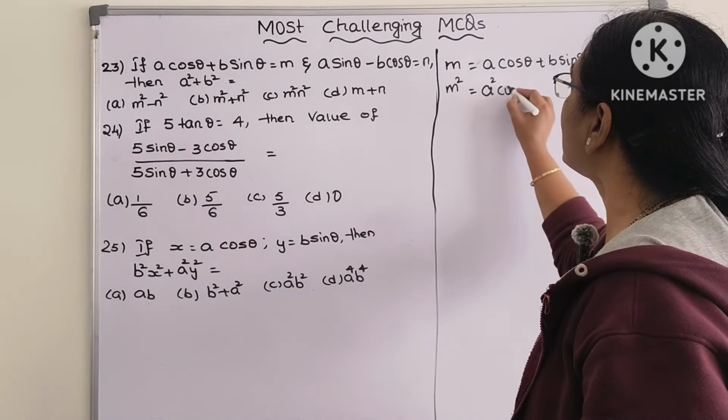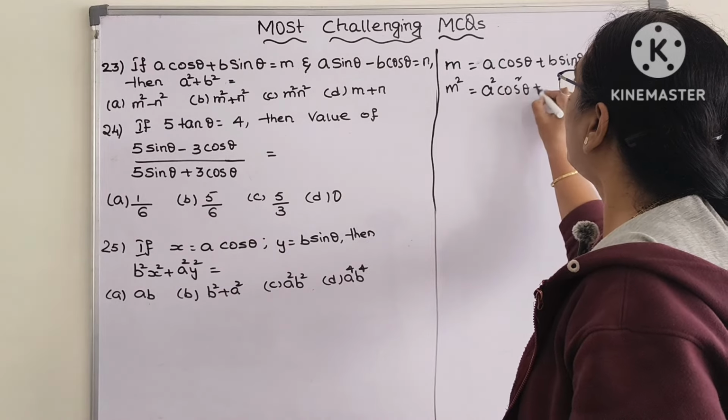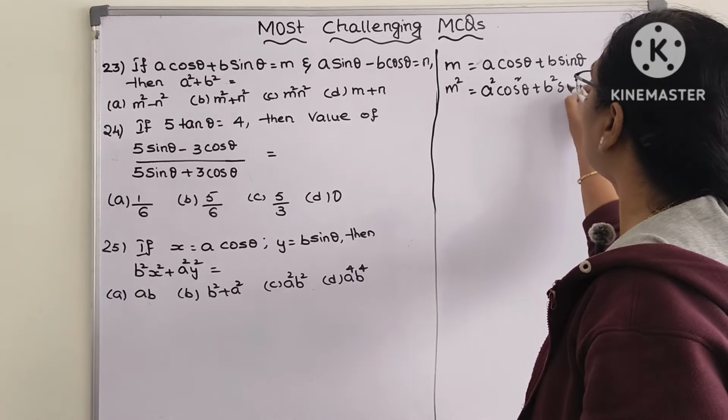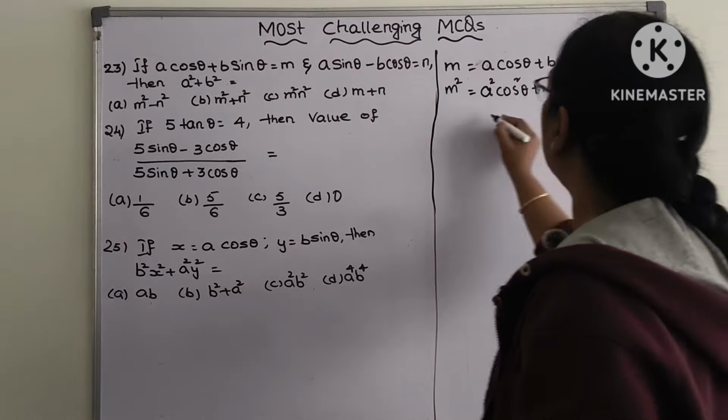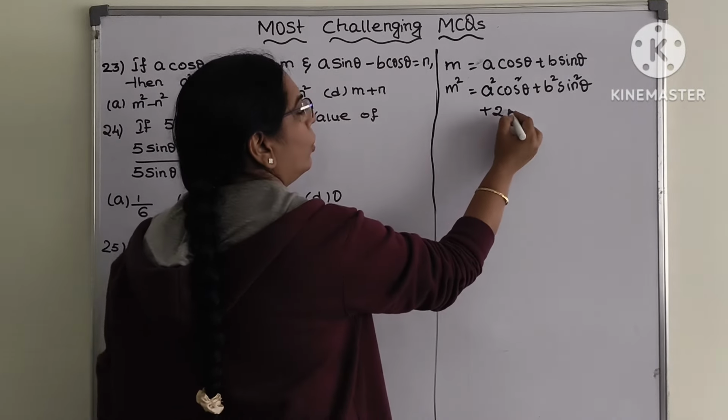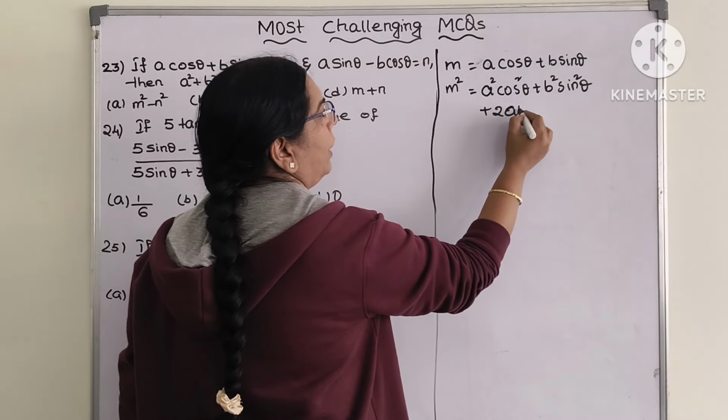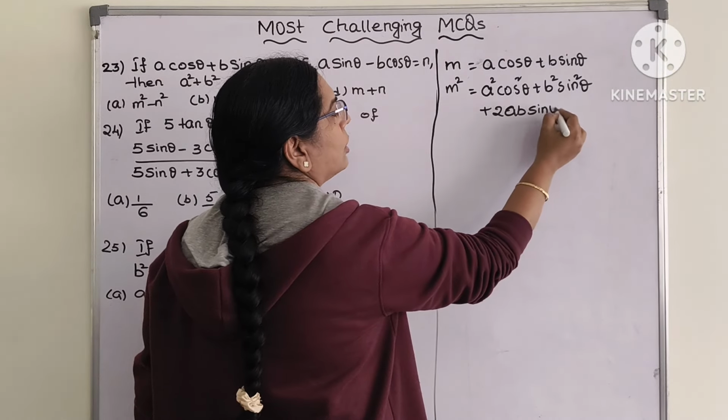So this becomes A square cos square theta plus B square sin square theta plus 2AB sin theta cos theta.